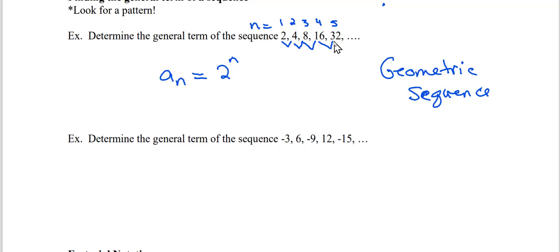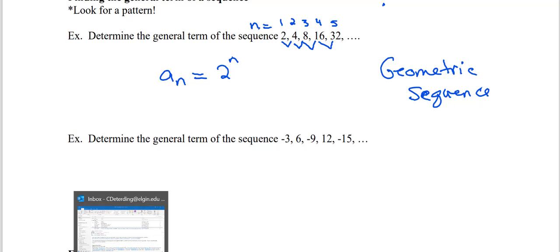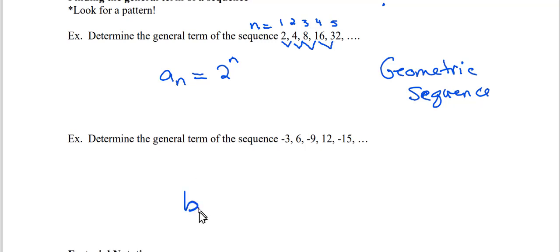Let's take a look at this next guy. I have an alternating thing here, so that means my b sub n has to have a negative 1 to the n in it. The alternating, by the way, will always be negative 1 to the n or negative 1 to the n plus 1.